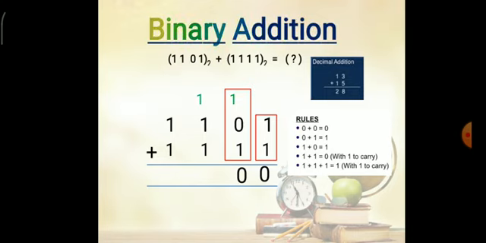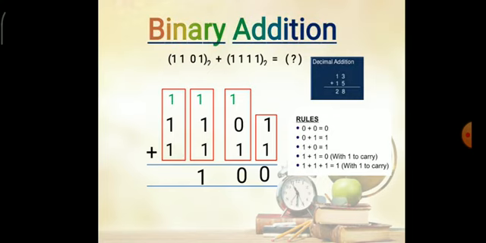Now in this column we have 3 ones together. As you know well, according to the rules, whenever there are 3 ones in a column, the result is 11, where we write 1 and carry 1. Again we have 3 ones together.